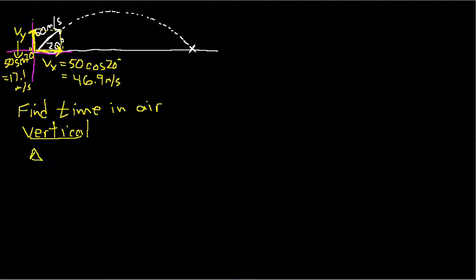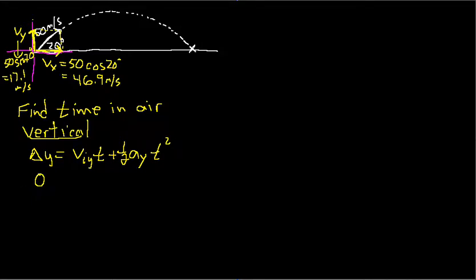First way, we know this formula: delta y is equal to the initial velocity in the y times time, plus 1/2 acceleration in the y times time squared. And we want to consider where delta y is actually equal to 0. Why do I say that?